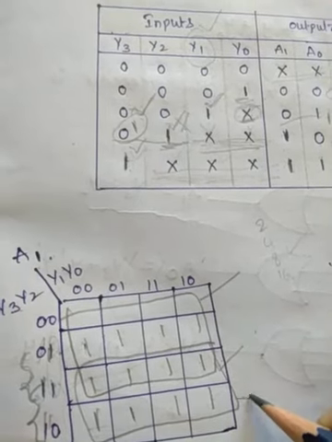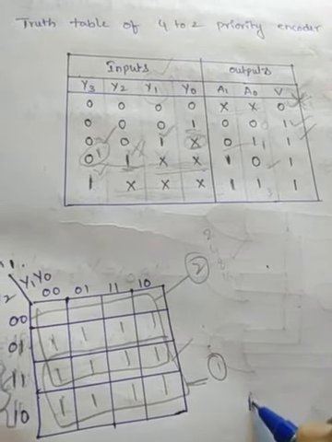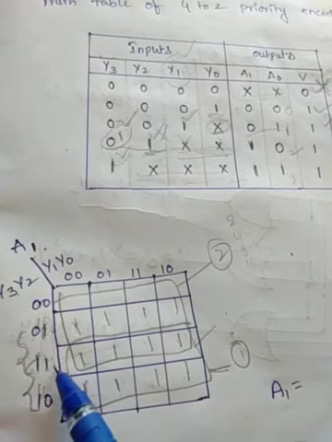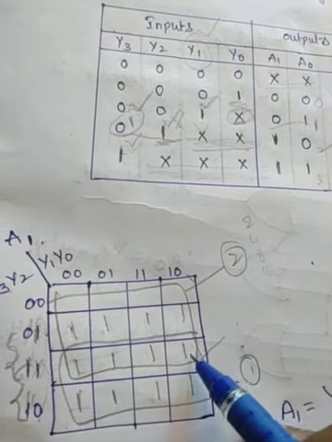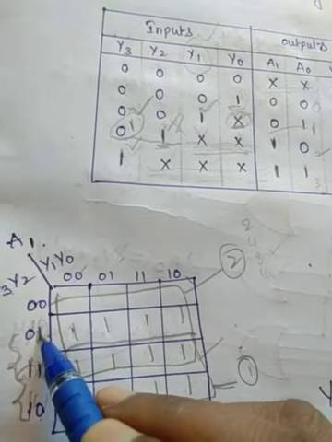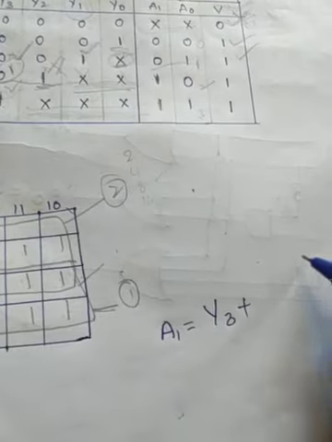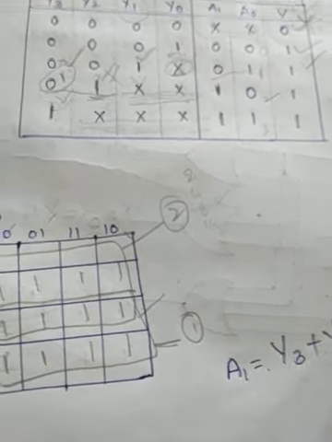This is 1, this is 2, and the logic equation for a1 is equal to, for this mapping y2 is cancelled, only y3, plus in this mapping also all these terms are cancelled, only we get y2. So the equation for a1 is equal to y3 plus y2.